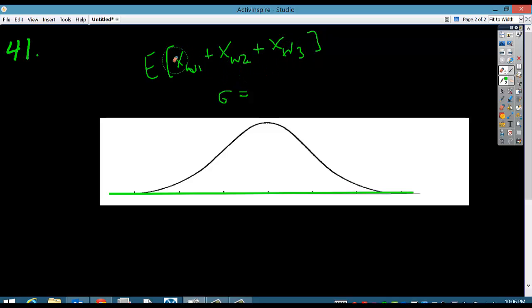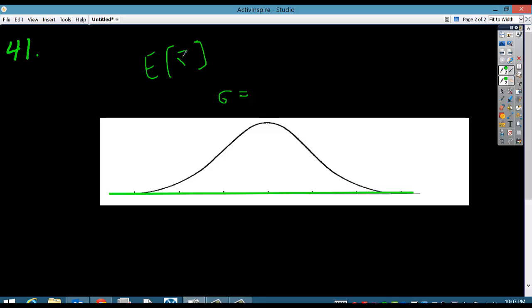So we're not talking about the expected value of the sum of the 3. We're talking about the expected value of the average of 3 people. Basically, a sample mean. The expected value of x bar, maybe even sub w, is always going to be the average of the actual distribution.